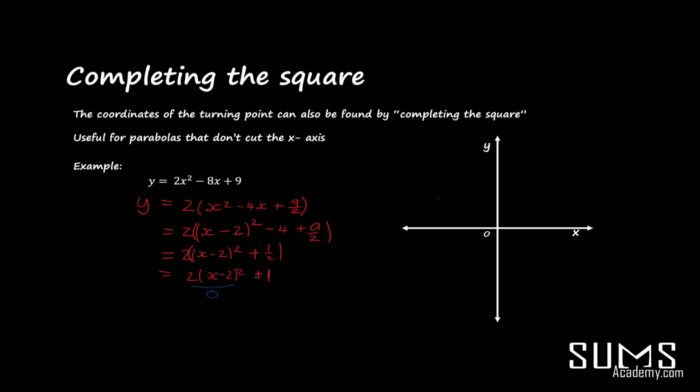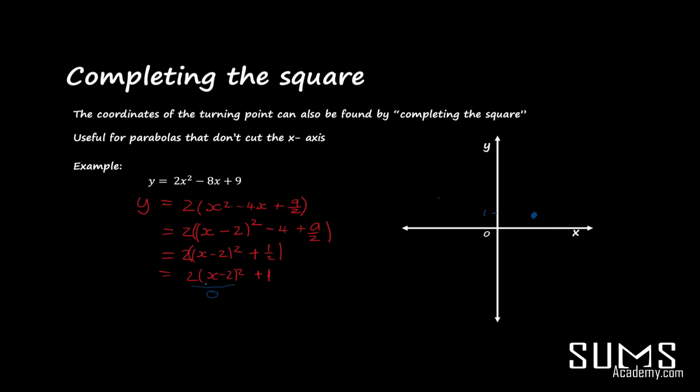We're going to be left with this 1. So we know at the minimum point of this parabola, the value is going to be positive 1. And we know it's the minimum point because it's a positive x squared. So 1.